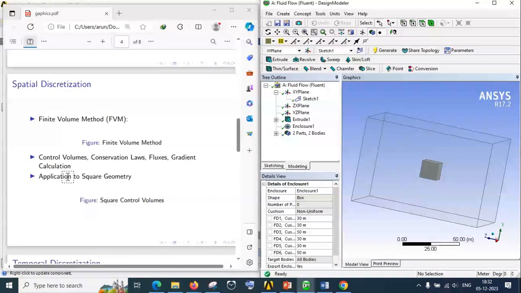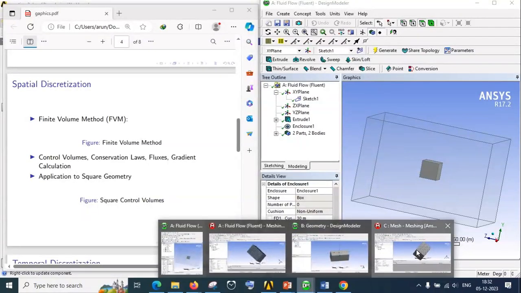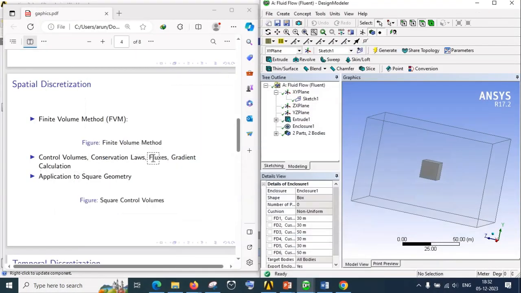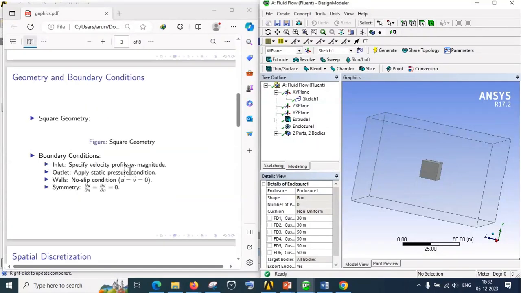The flux and gradient calculation is applied to our square geometry, using the law of flux and conservation law in our slide.